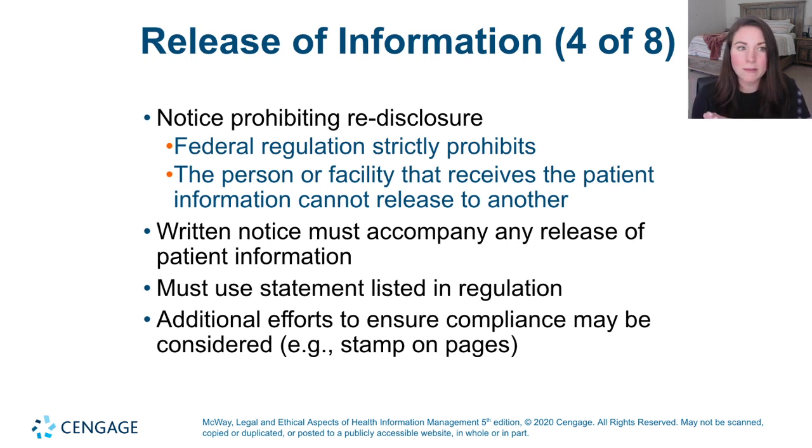So every time you release this type of information, it has to have this notice prohibiting redisclosure. On top of that, facilities can choose to also stamp each page saying that the information cannot be redisclosed. So if you're a facility that receives specialized information about one of their patients, and someone comes and requests information from you, you cannot send that information with the other records you're sending. Hopefully that makes sense.